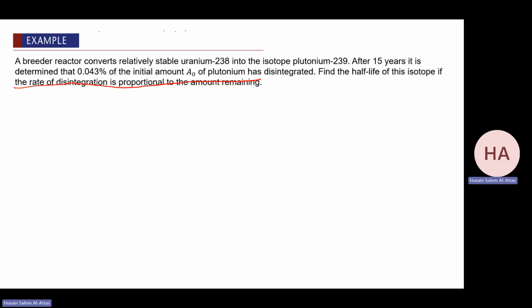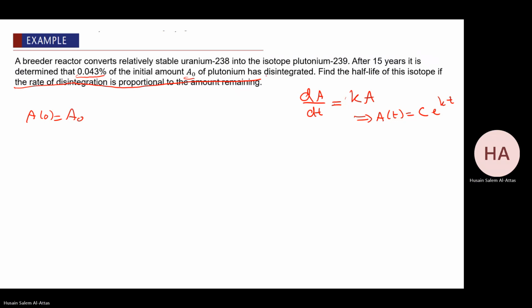dA by dt will be kA, which means A of t equals C e^(kt). He said 0.043 of the initial A0. I have A at 0 equals A0. Disintegrated, it means what?